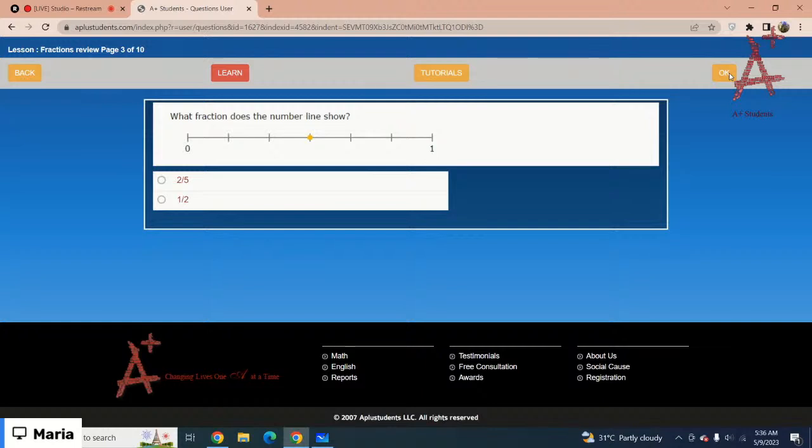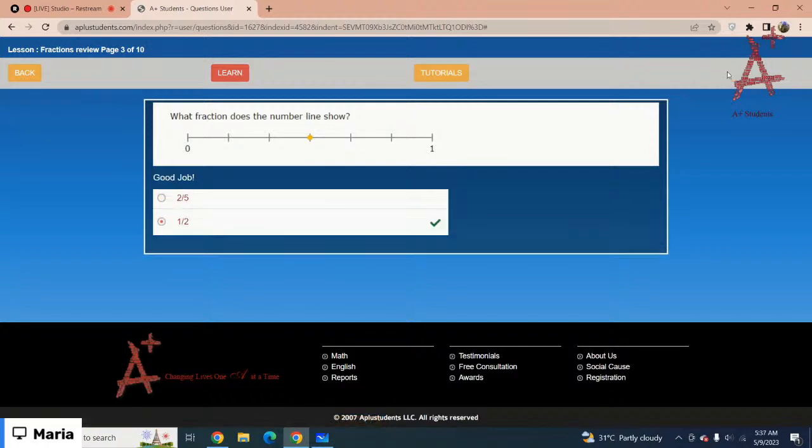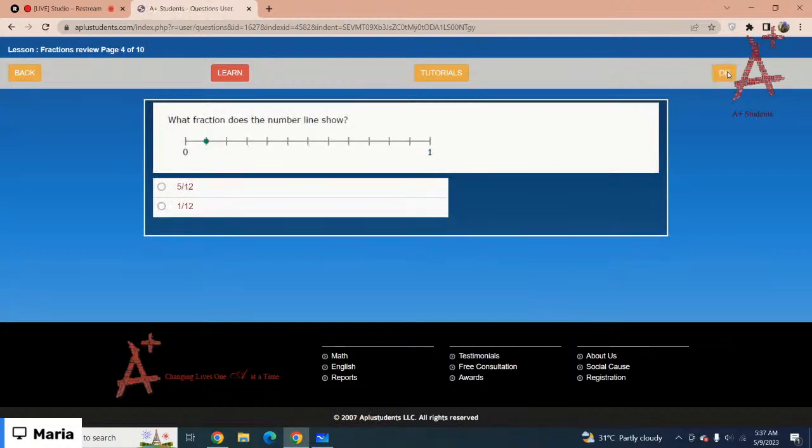Yes, it would be 3 out of 6, and when you write down the answer in the simplest form, it would be 1 over 2. What fraction does the number line show, which is the correct option?